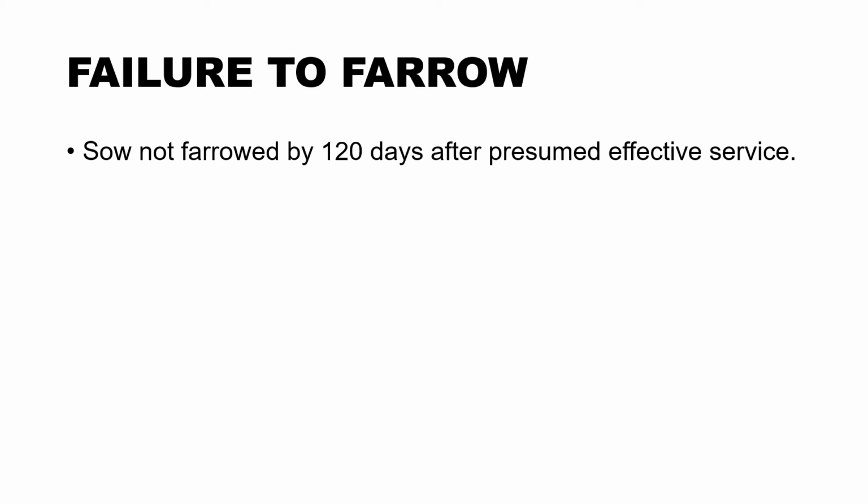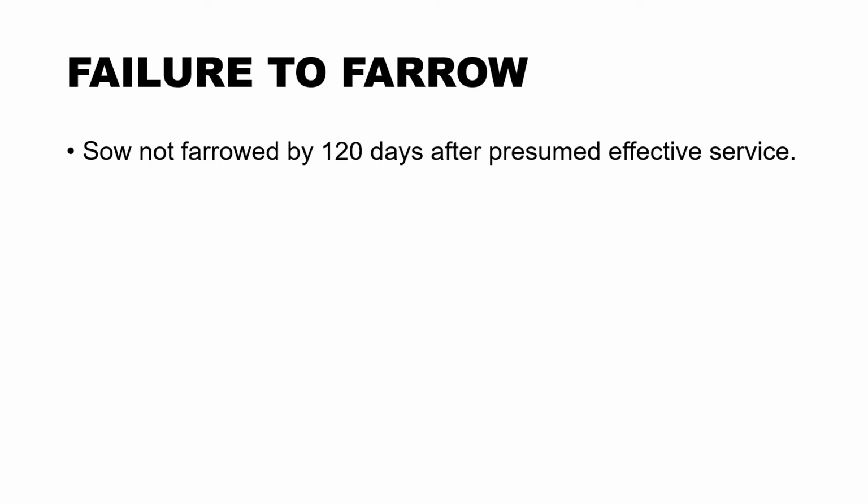Then when we say failure to farrow, that is a sow that has not farrowed by 120 days after presumed effective service. So, failure to farrow. This could be caused by a lot of factors. Our sow may have aborted. An abortion occurred, so it failed to farrow.